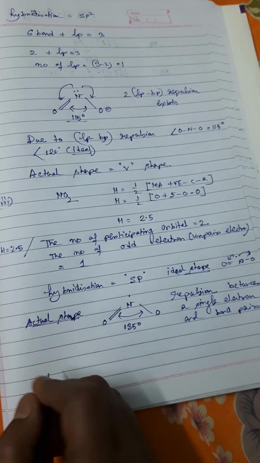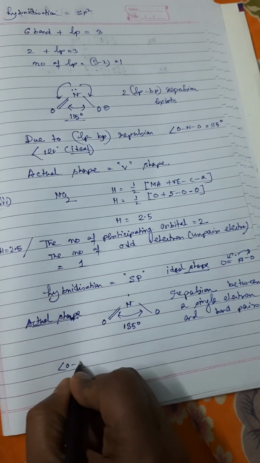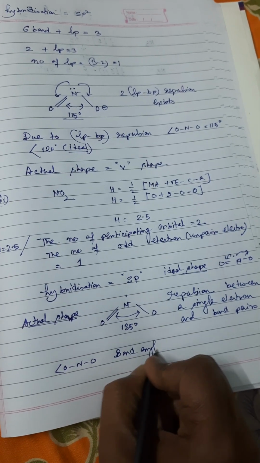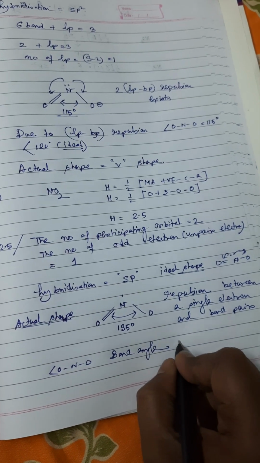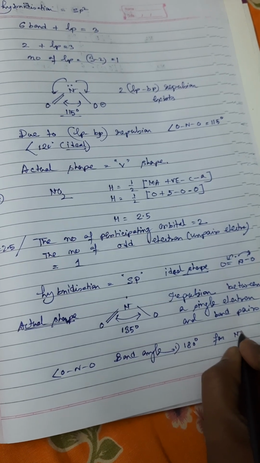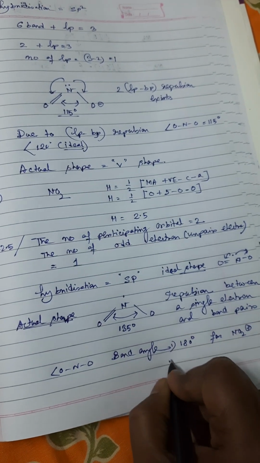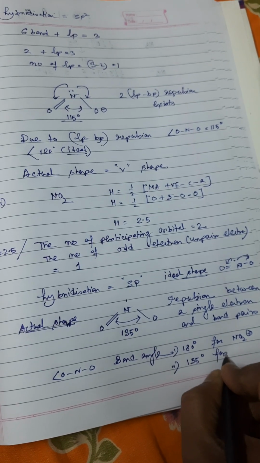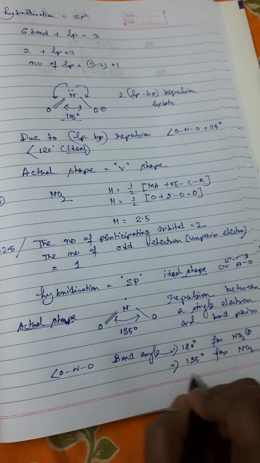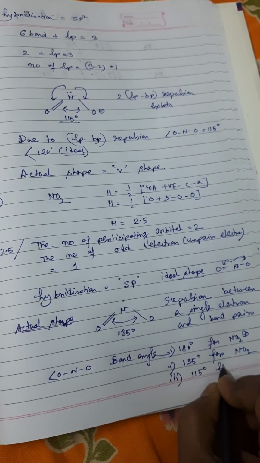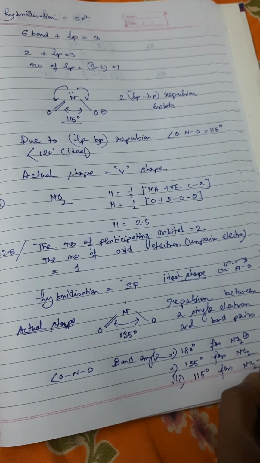So we memorize the oxygen nitrogen oxygen bond angle. Number 1 is 180 degrees for the nitronium ion. Number 2 is 135 degrees for NO2, and number 3 is 115 degrees for NO2 minus.